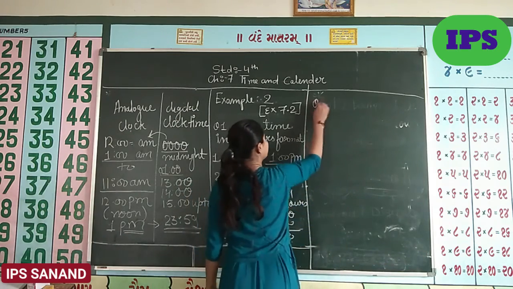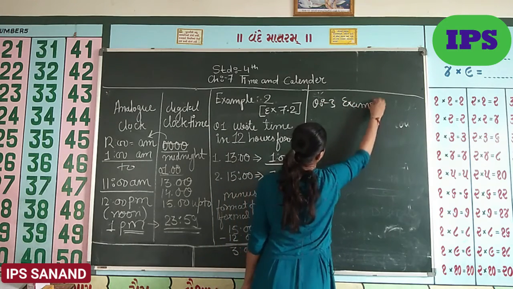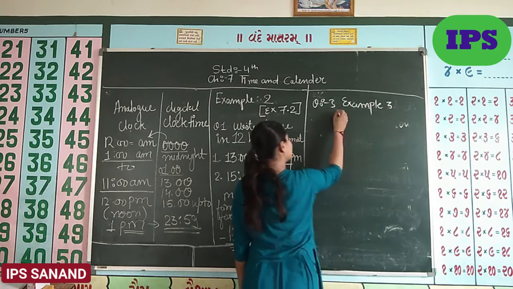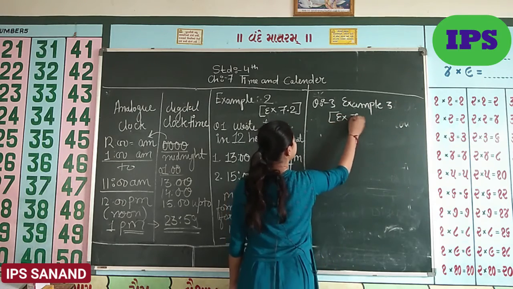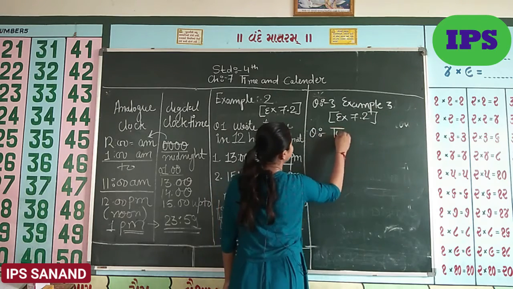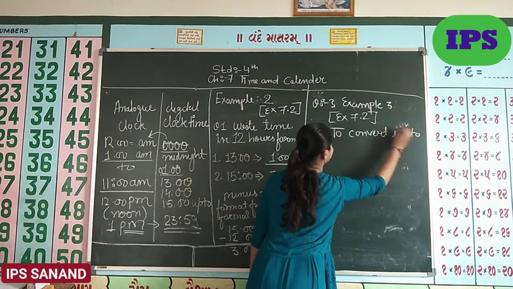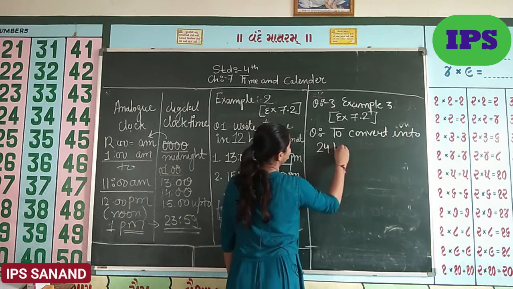Now, question number 3, or example number 3, from exercise 7.2. The question here is to convert into 24 hours format.